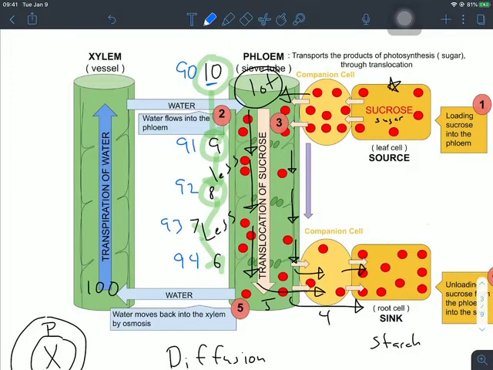So what does the water in the xylem want to do? Well, if it's at 100% here, it's going to want to move over there, but it's also going to want to move up. It's going to move a little bit diagonally. And it's going to use the property of adhesion to those cell walls in the xylem as a ladder.